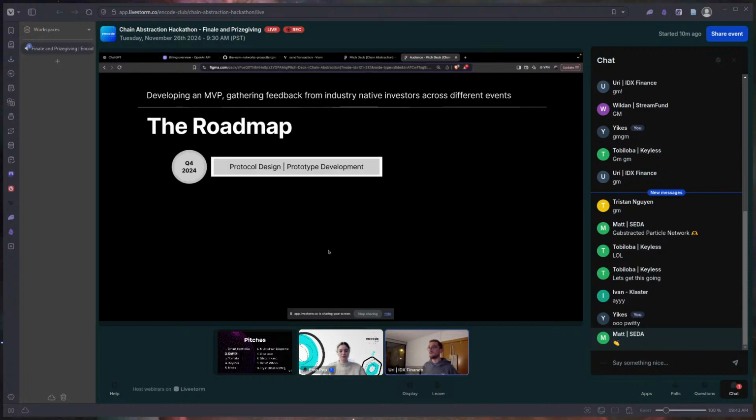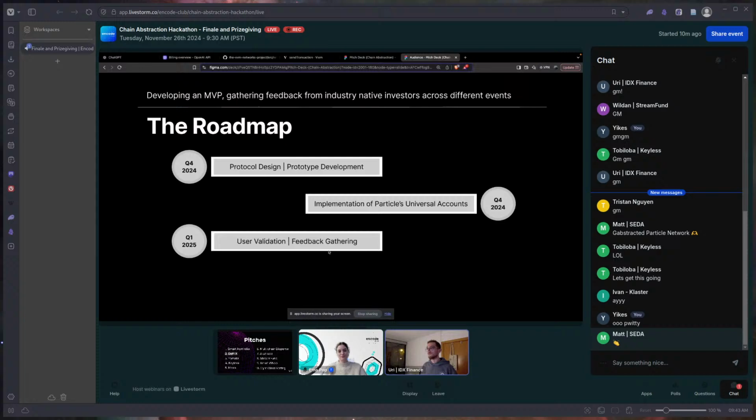When it comes to the roadmap, right now we're working on prototype development, as well as waiting for the Particle universal accounts to be released and integrating them. In 2025, we're going to focus on user validation and iterating on the product with this feedback. During Q2 2025, we're expecting to do a beta launch in mainnet.